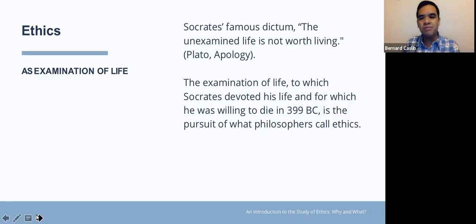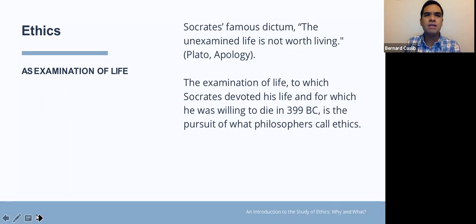Before Socrates, most Greek philosophers were concerned with the problem of reality, of the ultimate principle that governed the multiplicity of things and entities in reality.